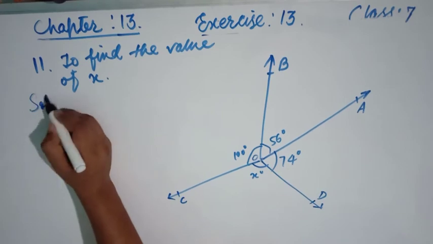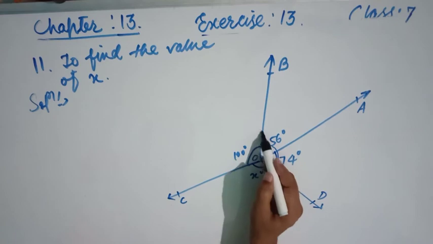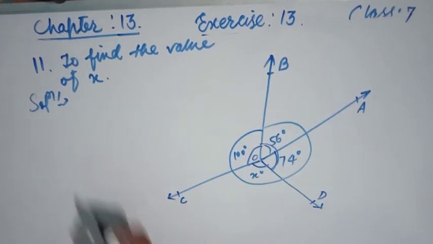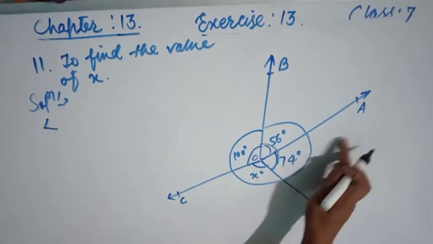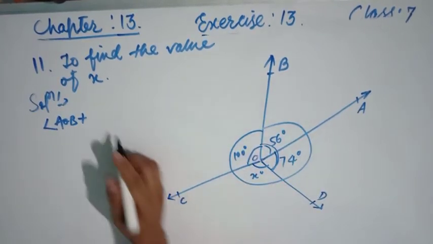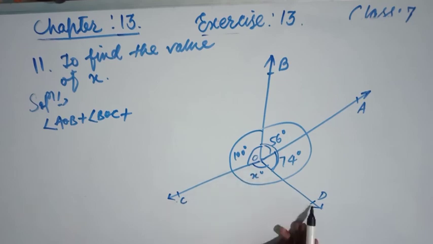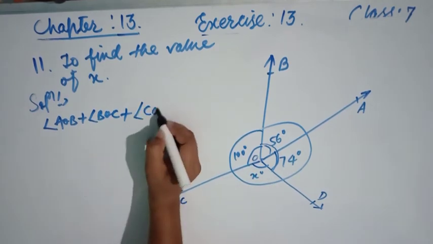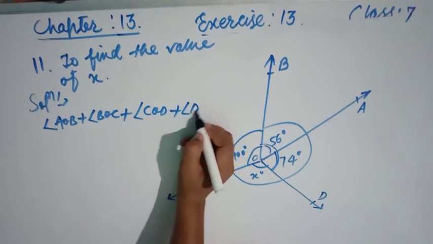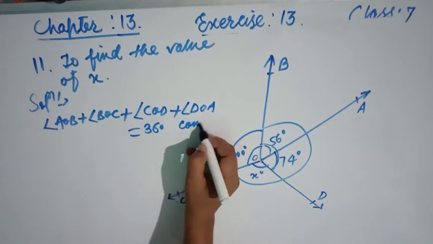Now see the solution. If we add all these angles, this is the complete angle. So we can say angle AOB plus angle BOC plus angle COD plus angle DOA is equal to 360 degrees, that is the complete angle.